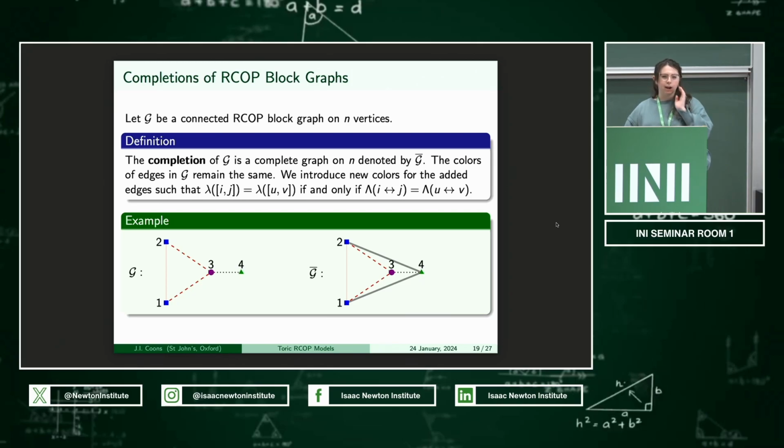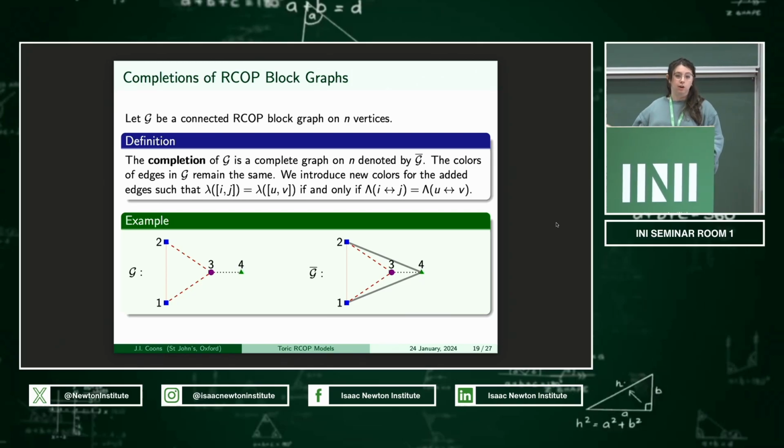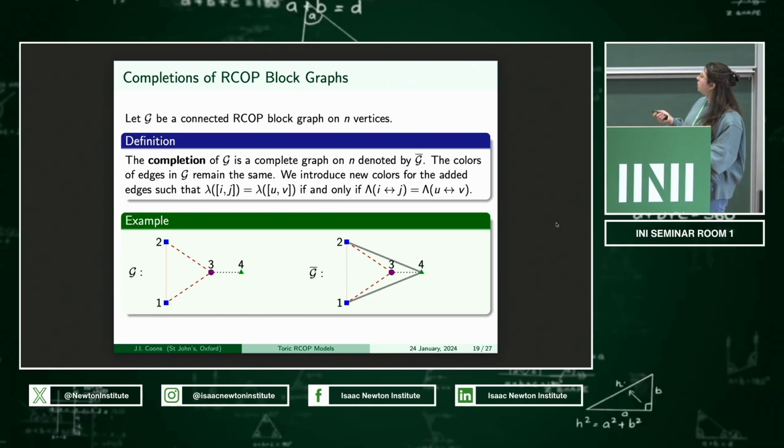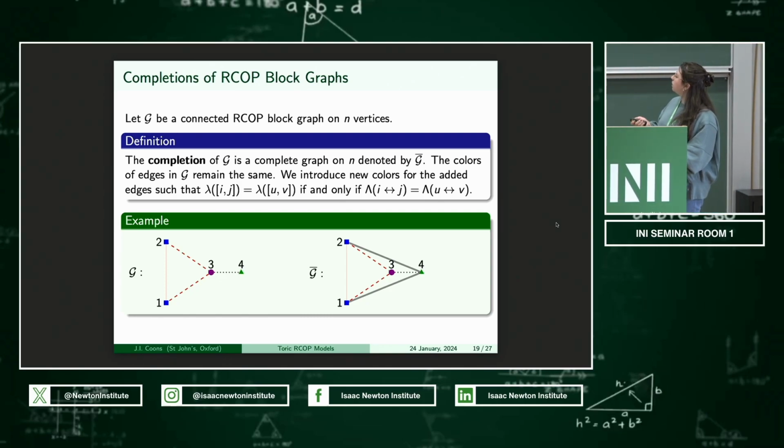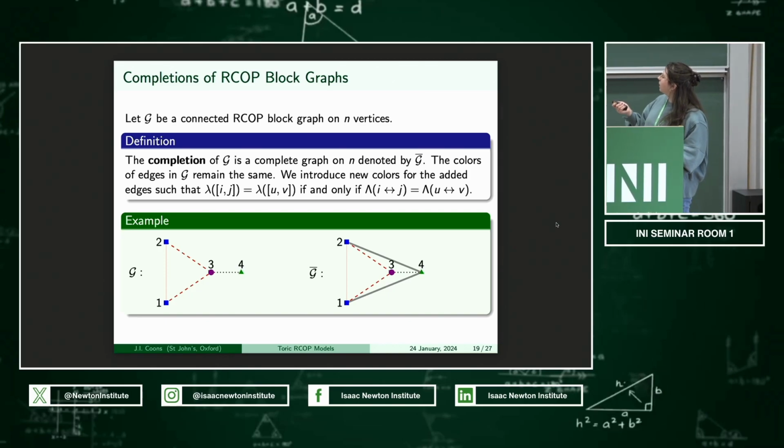Great. Okay, so that was helpful to us, but now we need to incorporate this coloring, and we can do this by defining a special completion of our colored graph. If I have a connected RCOP block graph on n vertices, then I can define its completion as follows.